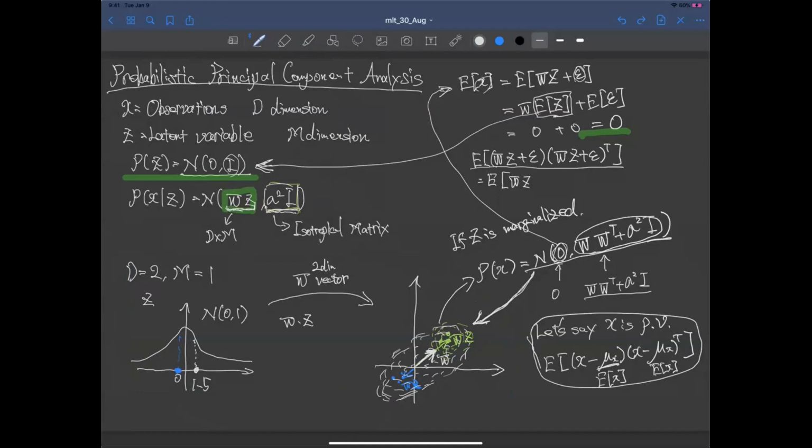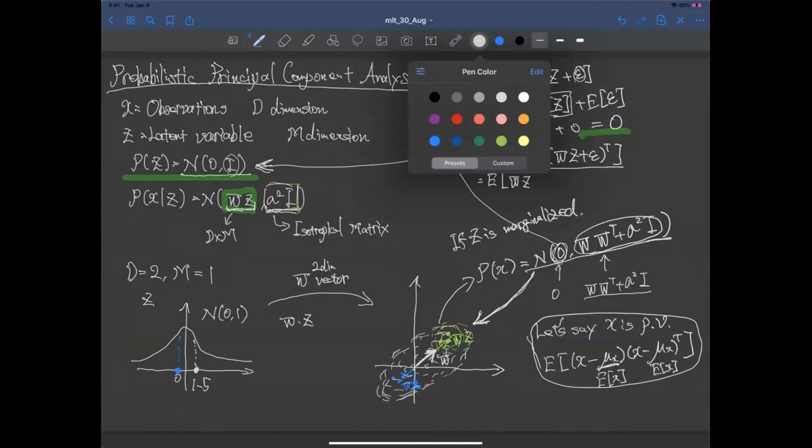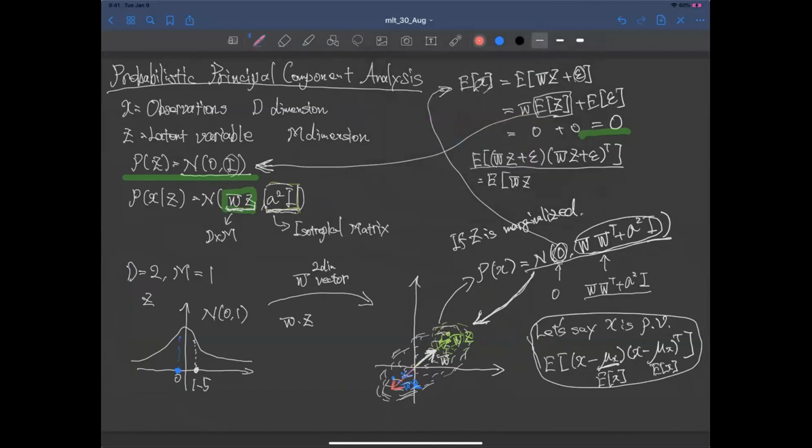However, let's say the vector W is in another direction. Then the distribution will actually be the same probabilistic distribution, but of course Z can also be changed. So that's a little bit weird but interesting topic for probabilistic PCA.